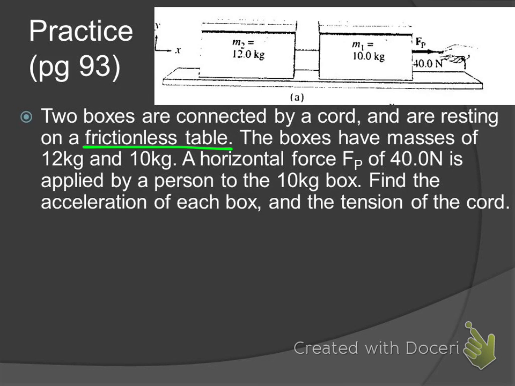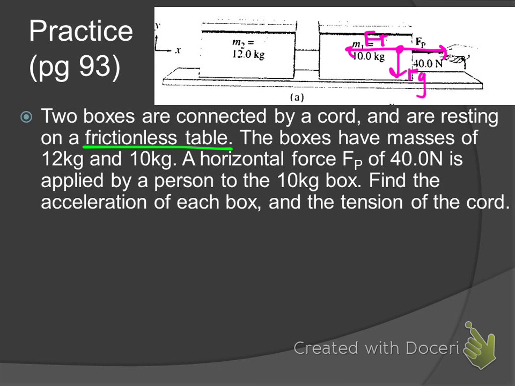All right, so let's start by looking at a free body diagram for each box. Okay, so here we've got the pulling force. And then going the other way, we've got that tension force. So I'm going to say F sub T. Let me get a different color here. That's kind of hard to see. Tension force.